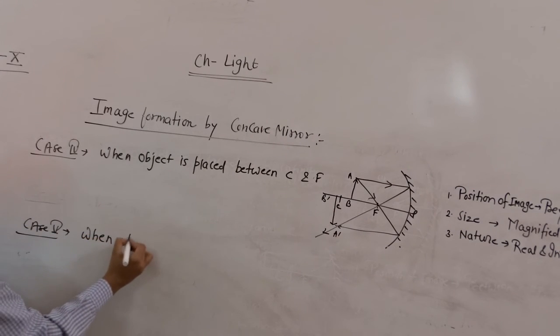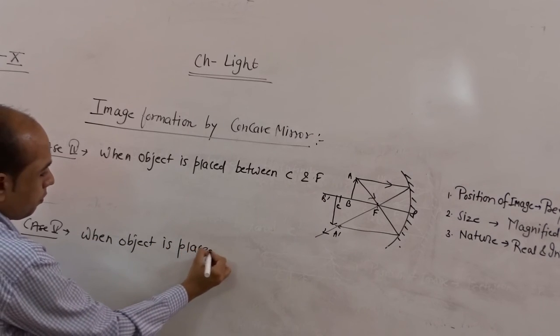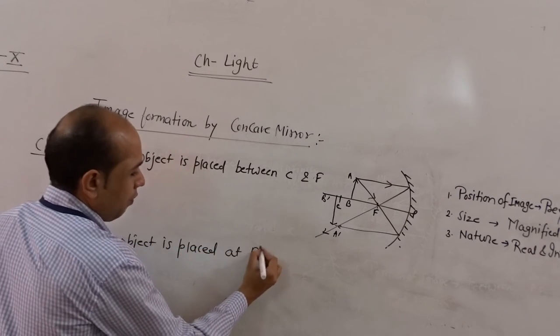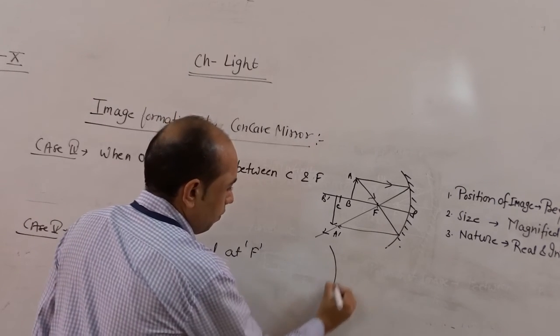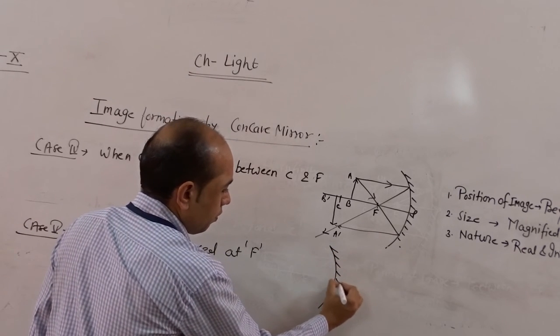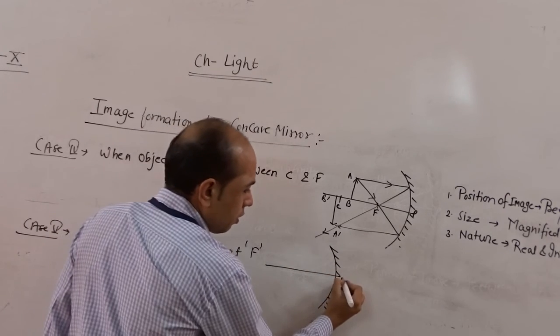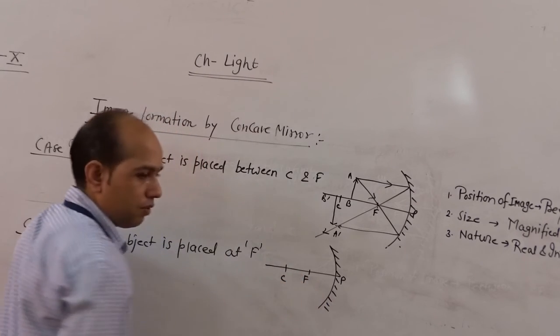Okay. Next we come to the fifth case, when the object is placed at F, that is focus. So again, first we draw the concave mirror, then the principal axis, third write the pole, focus and center of curvature.